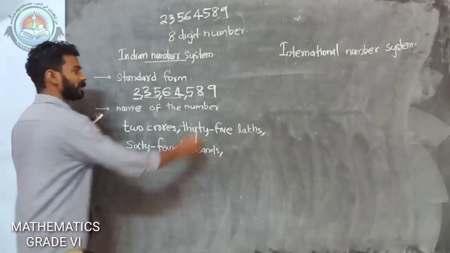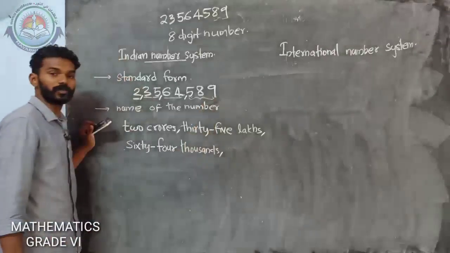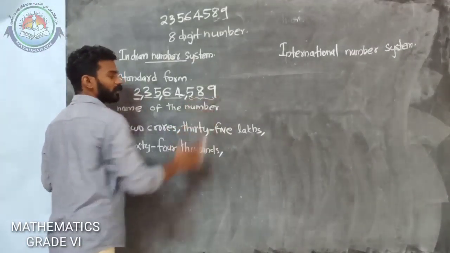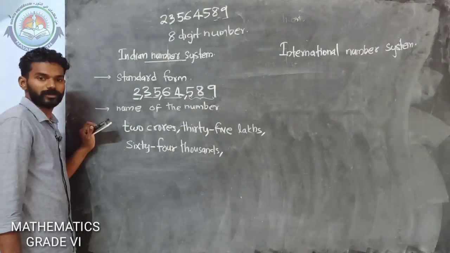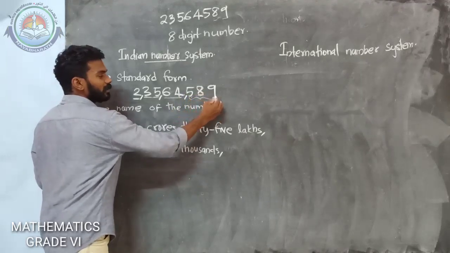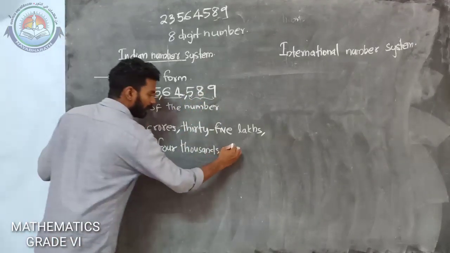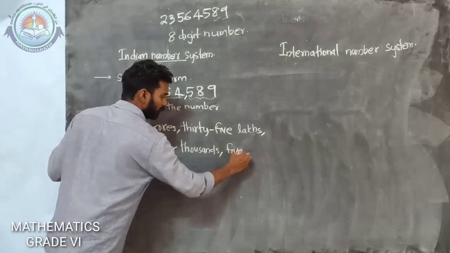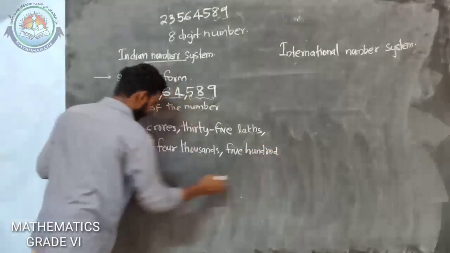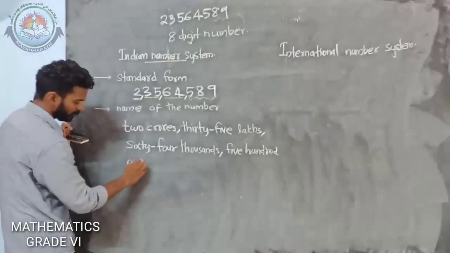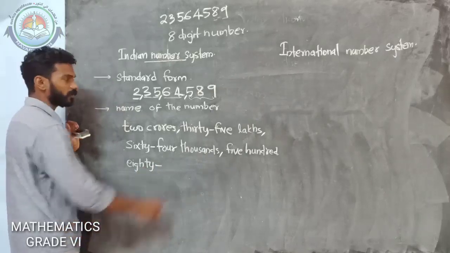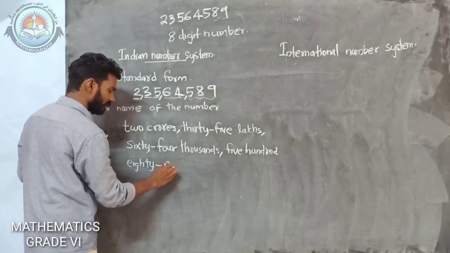Now the remaining period, which is ones, and you should write the number on the place of ones. 589. 580. After 80 there must be a hyphen, then 89.